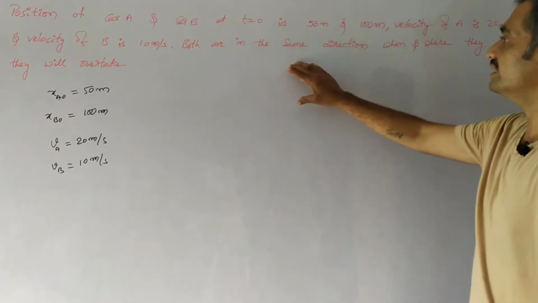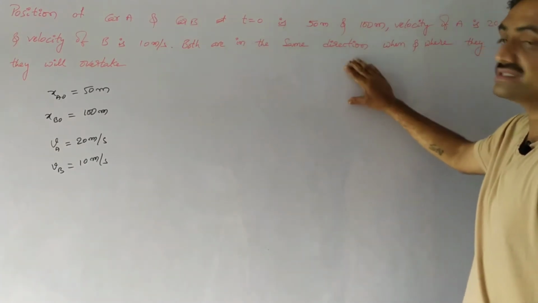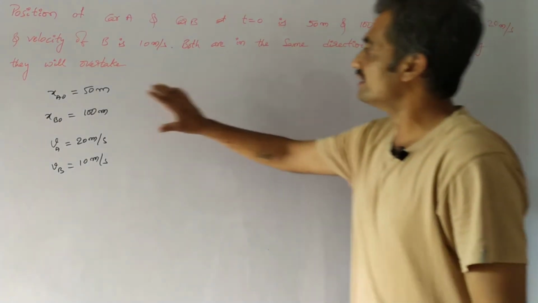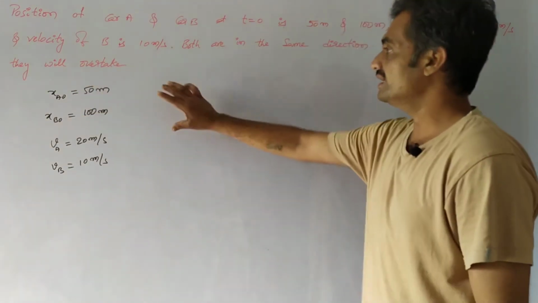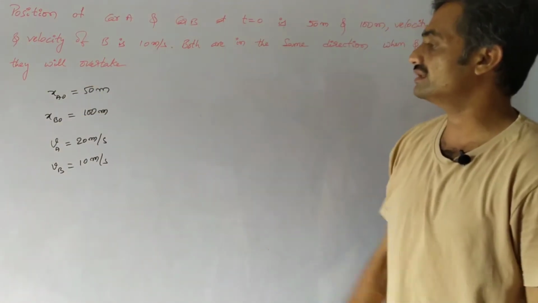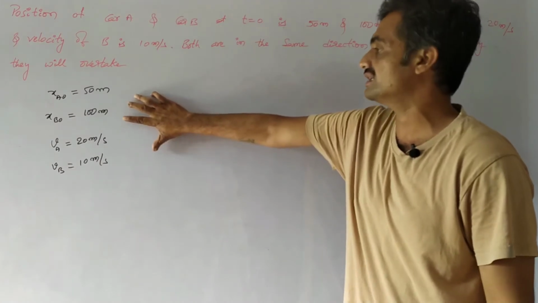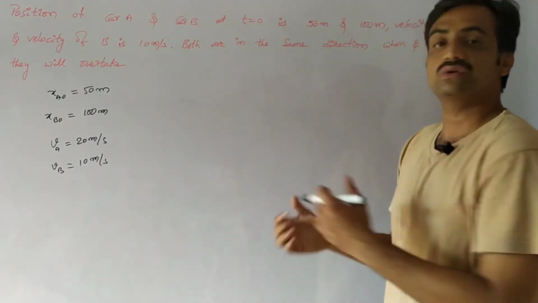Now we have to find when they will overtake, since both cars are moving in the same direction. To find this, we have to consider the time taken by the cars to overtake.